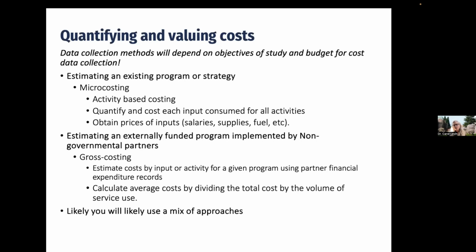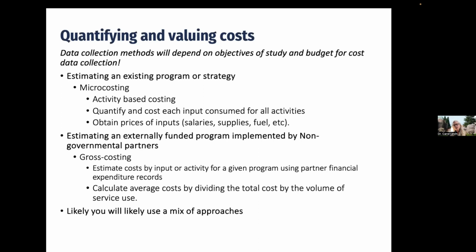So if we're looking at an existing program in a school or a health system or a strategy, if it's already in place, we may need to use a skill called microcosting, where you literally are trying to understand what are the activities, what are the resources, what are the inputs for each activity. You have to quantify and cost all of those inputs consumed for each activity. And you have to obtain price data. So that can be quite daunting and time intensive.